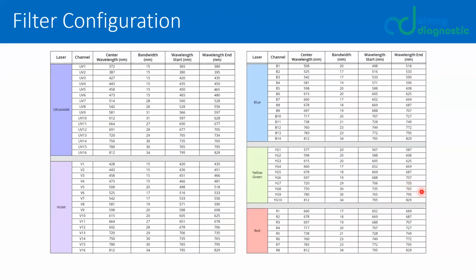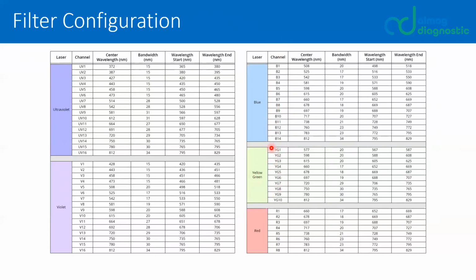Here is the filter configuration for the 5 laser Aurora. We have overall 64 detectors on the Aurora. Under the ultraviolet and violet lasers, there are 16 channels, 16 detectors each. Under the blue laser, there are 14 detectors.